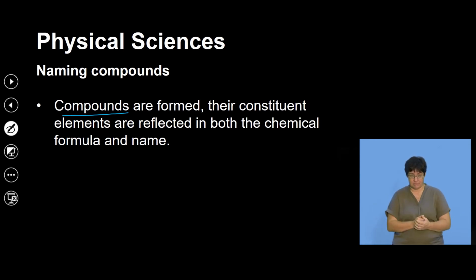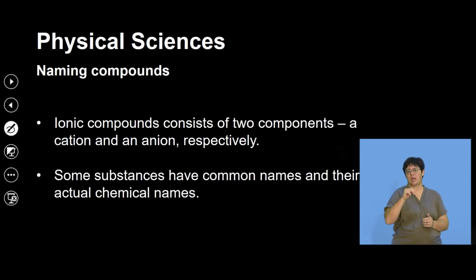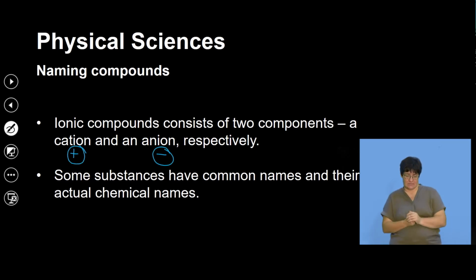In a compound, the constituent elements are reflected in both the chemical formula and name. Say, for argument's sake, an ionic compound that consists of two components, a cation that is positive and an anion that is negative. Each one of these is derived from an individual element.